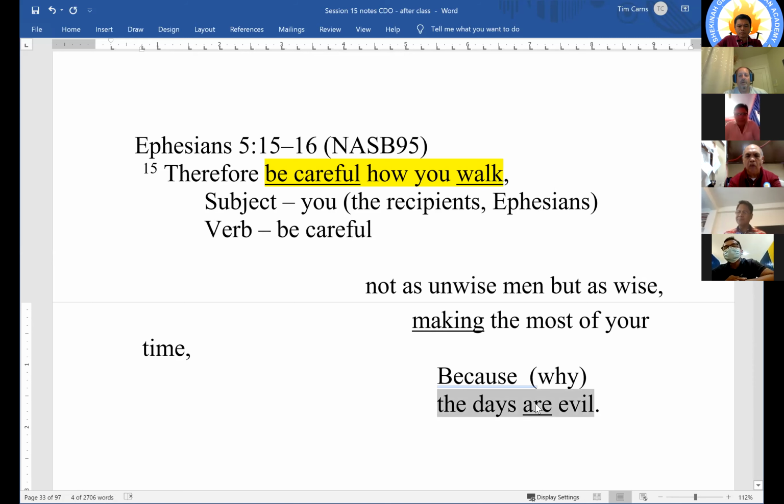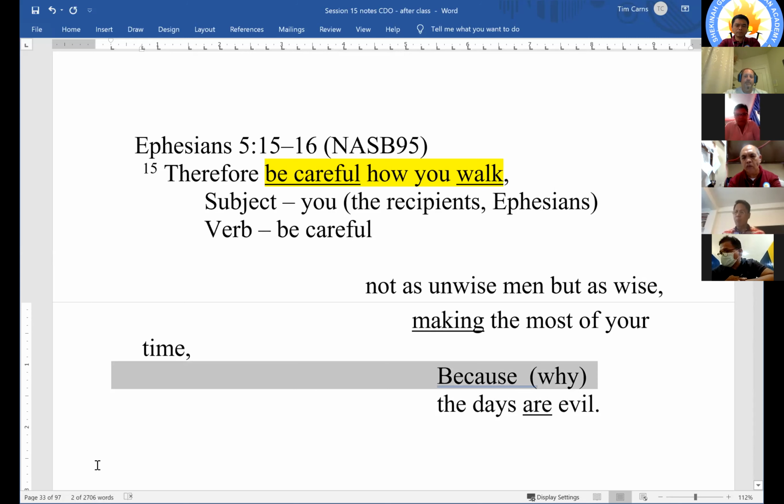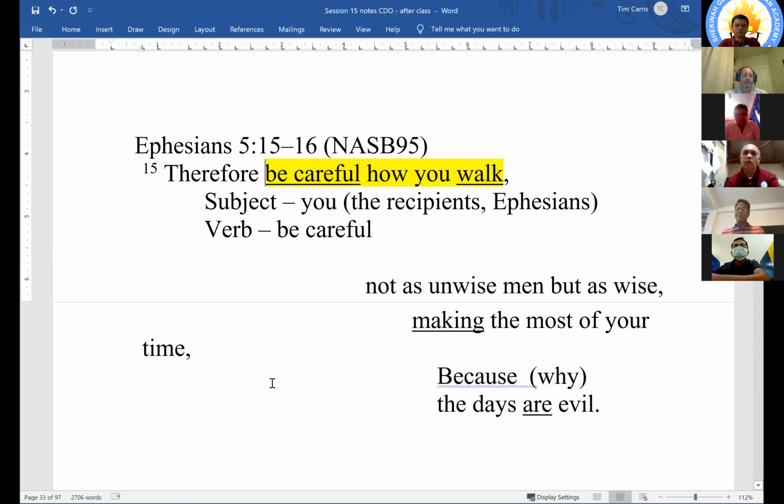We have a verb are and we have the subject days. But in this case, it doesn't stand by itself because notice that word because. That links it to making the most of your time. Okay? But the main sentence of this paragraph is be careful how you walk. And it too is at the beginning.